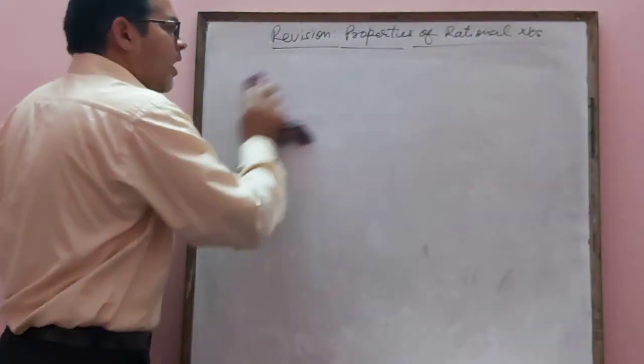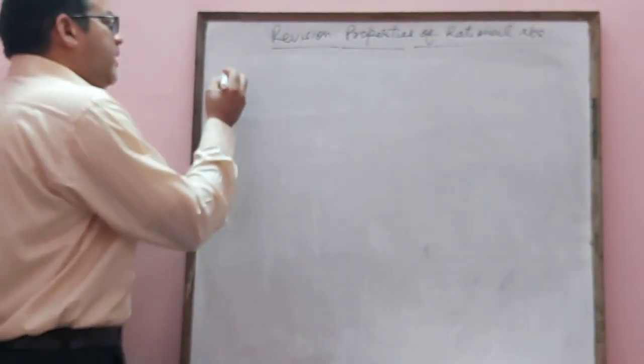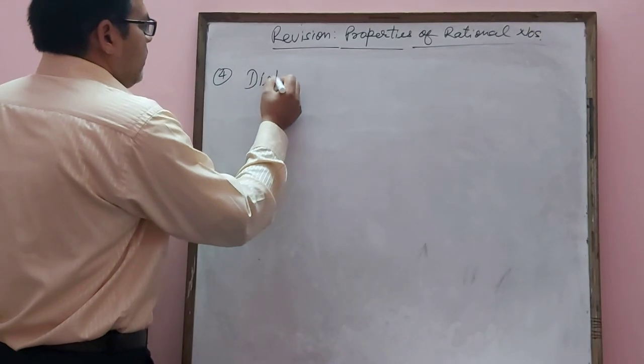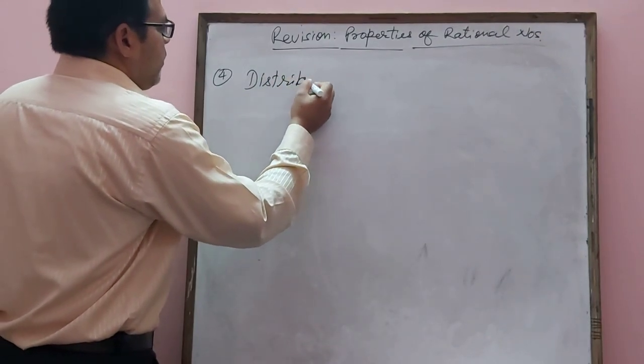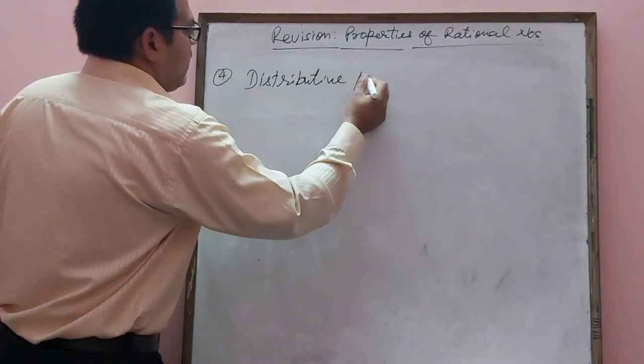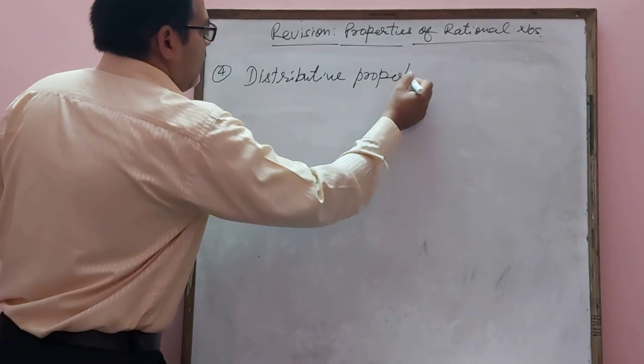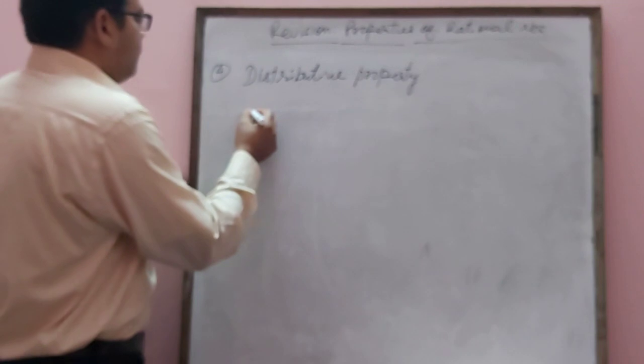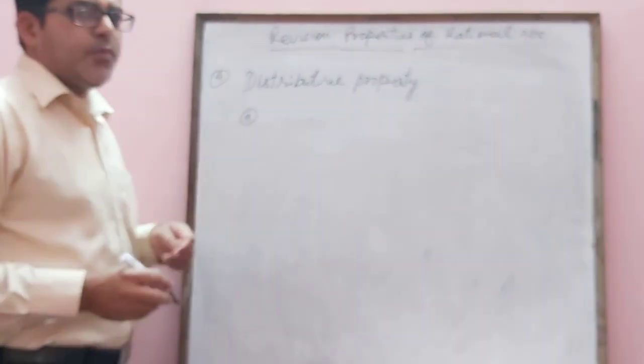So the remaining three properties we will discuss today. Let's start today's lesson with the distributive property. This is property number 4. Distributive property. Right? Two parts are there in this property.